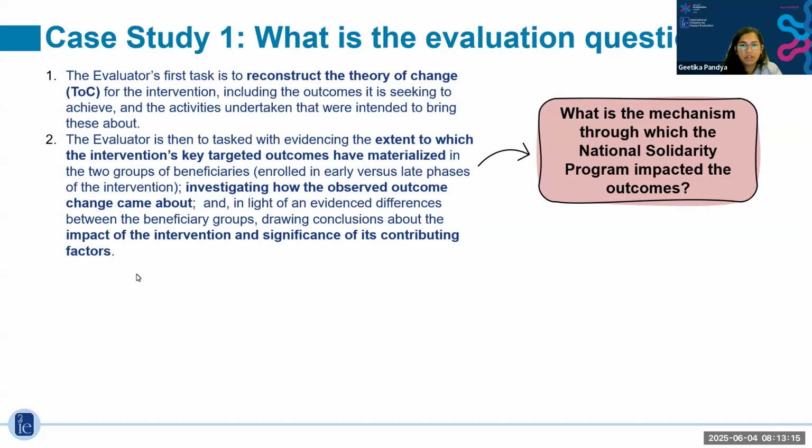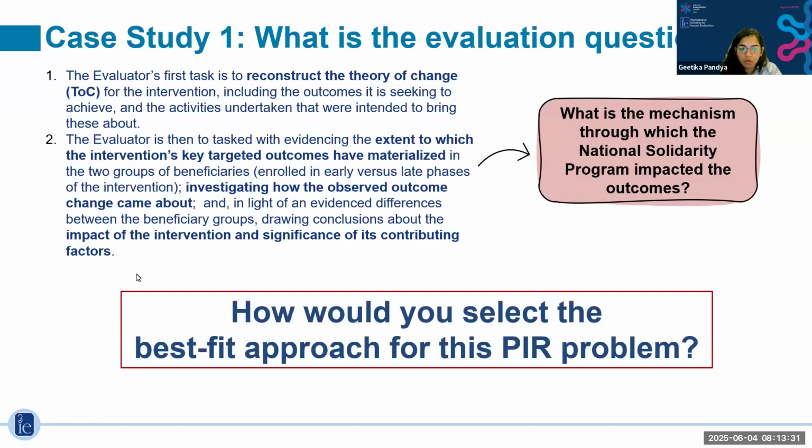Okay, let's proceed. It's possible that some of you have worked on something like this before, and you might have prior experience, but it's also possible that some of you are being posed with this kind of an evaluation question for the first time, and this might be your first PIR assignment. So how would you go about selecting the best fit approach for this problem?